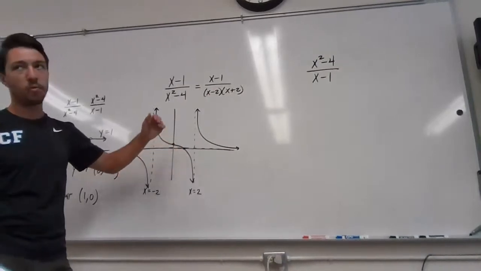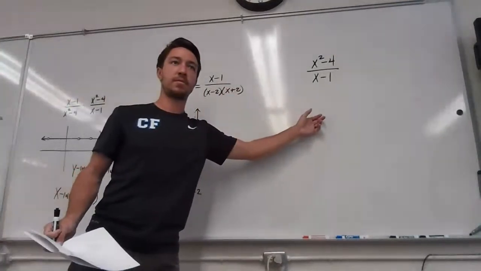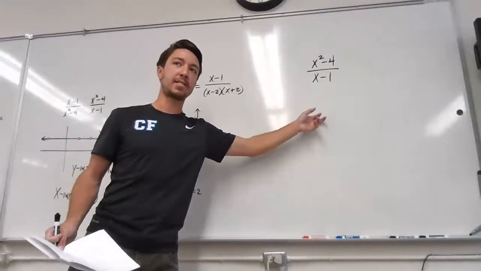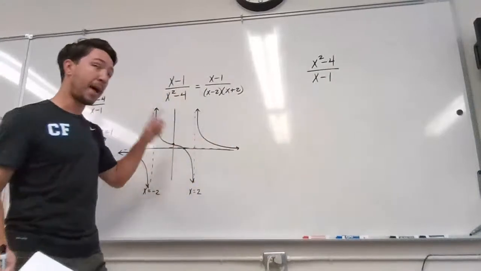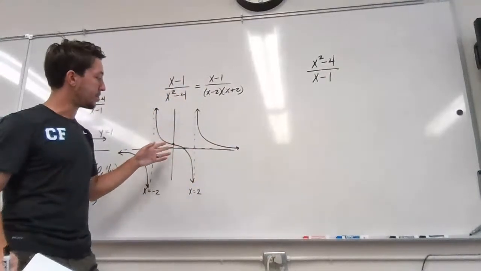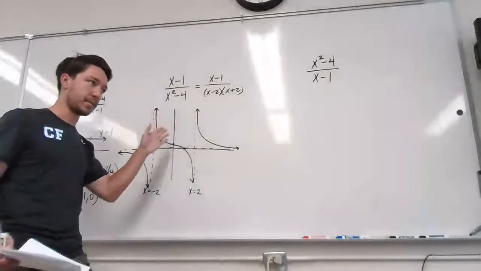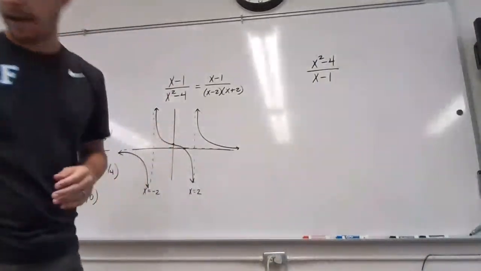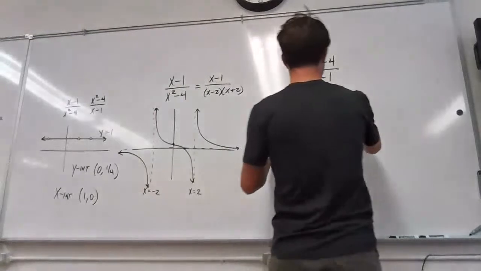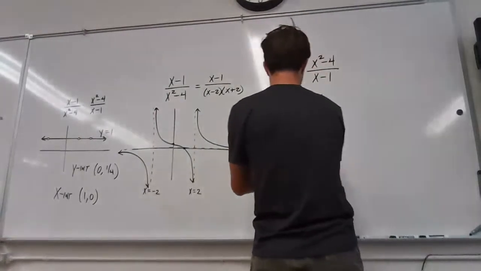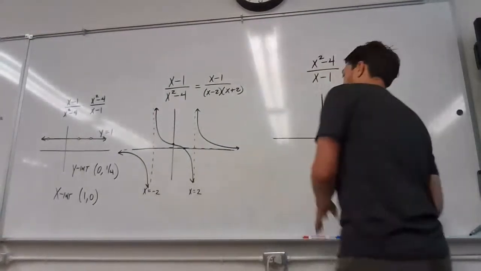So what's going to happen around 1 on this graph? Vertical asymptote. And it's going to pass from being large to non-existent to large. Anyway, it's all about reciprocals.